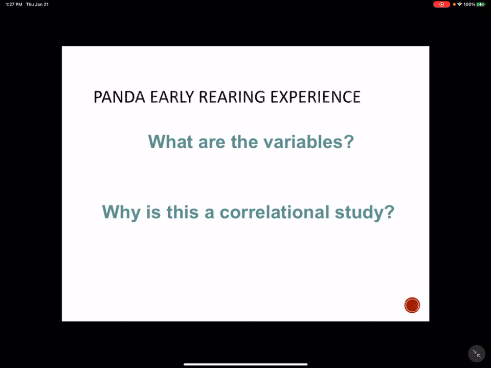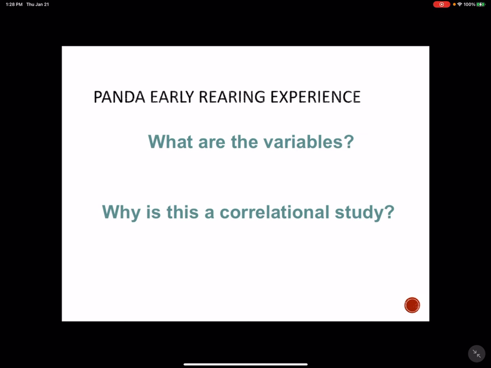We would like to generalize our findings to all of the pandas in the whole entire world. Why might we not be able to do that? Well, the first thing I could think of is these were pandas in captivity. Pandas in captivity might act very differently than pandas in the wild. So first there's that sample.